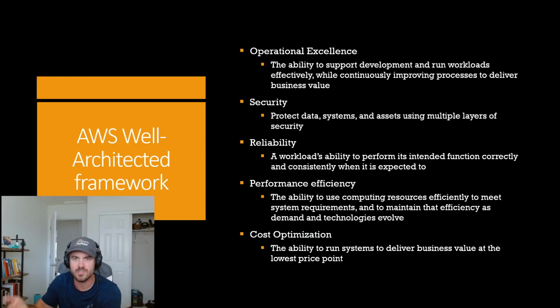We want to continuously monitor, update, and improve it, okay? Security, we want to protect data, systems, and assets using multiple layers of security. Reliability is a workload's ability to perform its intended function correctly and consistently when it is expected to. So it should be reliable in that it's there when you need it, okay?